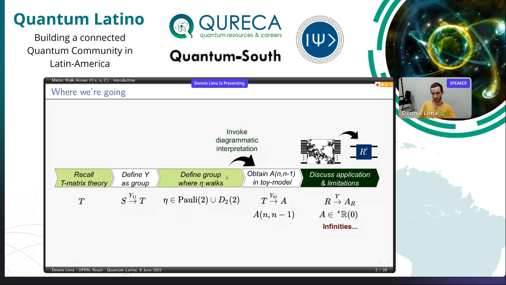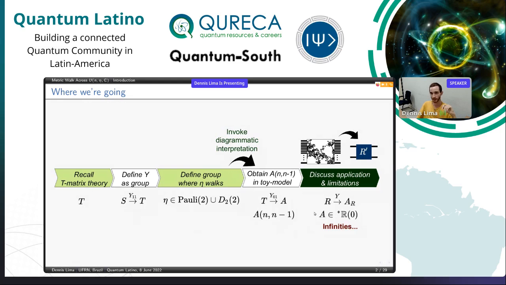Then by invoking the diagrammatic interpretation, the physical interpretation of the scattering process, I introduce the A matrix. A matrix is a matrix that should grow the scattering diagram in a direction perpendicular to the direction of the T matrix. This is in a time model.